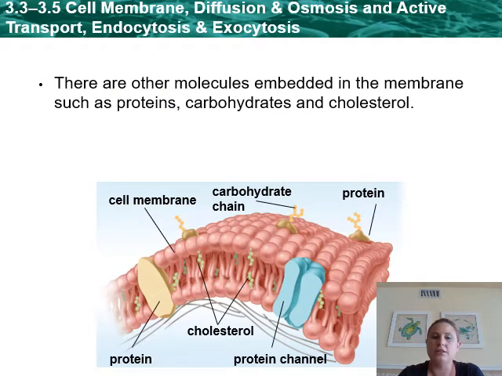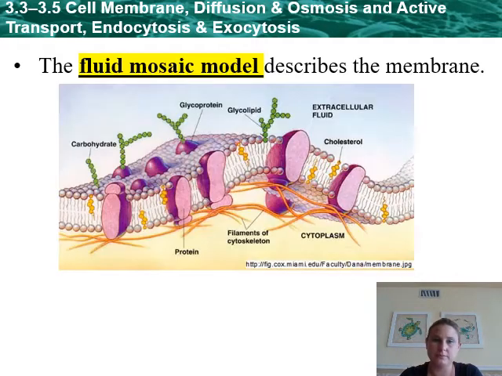Okay, in our cell membrane, we also do have other molecules such as proteins, carbohydrates, and cholesterol, and these act as little channels or little areas where other things can move through. So we're going to talk about that too. We use this model called the fluid mosaic model to describe the membrane. All that means, if you've heard of a mosaic, like mosaic tiles, is all these little pieces of different colors put together to make a picture?